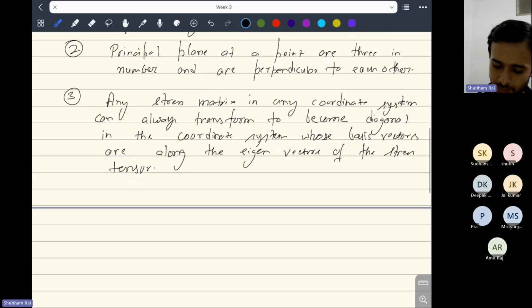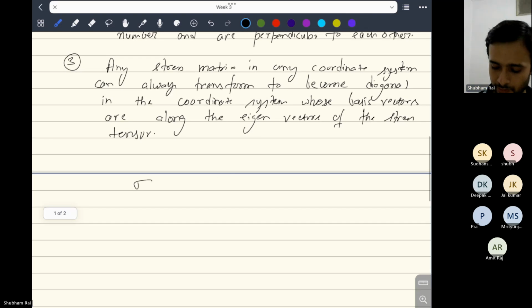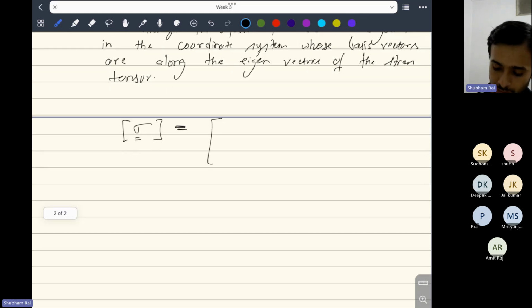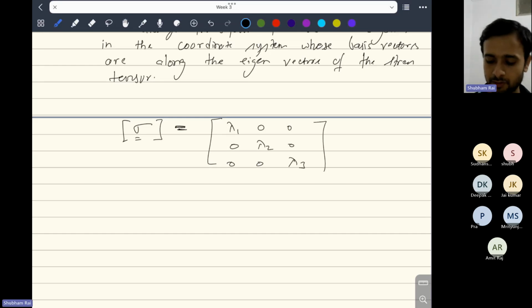So, for example, if we transform a stress tensor into a coordinate system which is aligned along the eigenvectors, it will have only three non-zero components: lambda 1 0 0, 0 lambda 2 0, 0 0 lambda 3. Right, so lambda 1, lambda 2, lambda 3 are the three eigenvalues of the stress tensor in the coordinate system aligned along the eigenvectors of the stress tensor matrix.